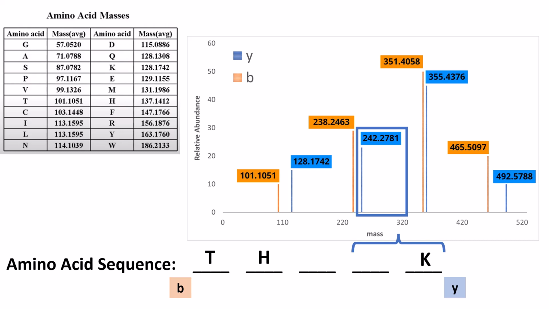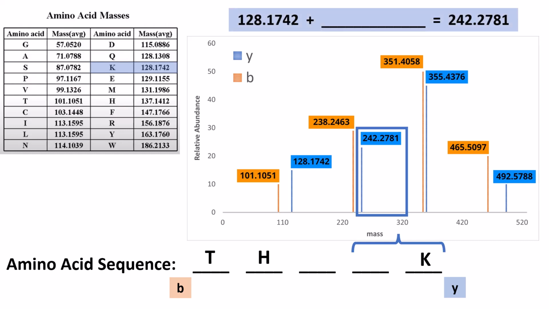One of those amino acids must be lysine, K. This means the sum of the mass of lysine and the unknown amino acid must equal 242.2781. By subtracting the mass of lysine, the mass of the unknown amino acid is 114.1039. Looking at the amino acid mass chart, this corresponds to asparagine, N.